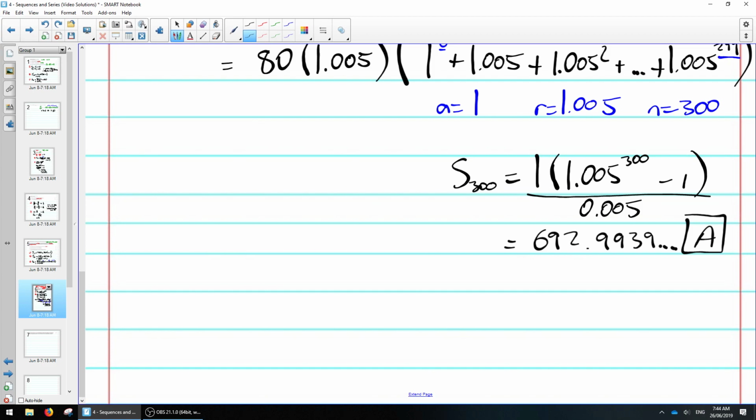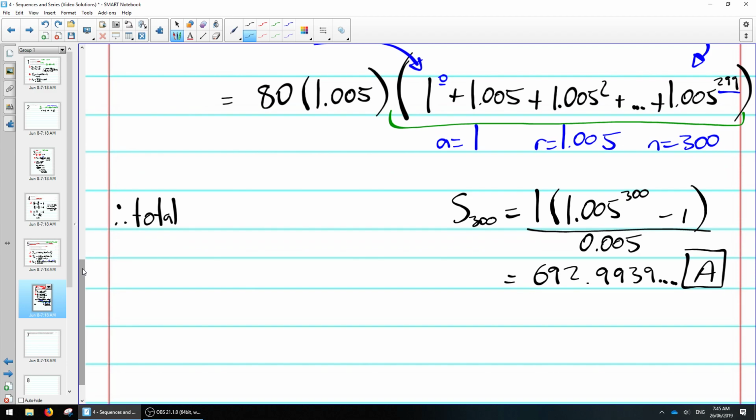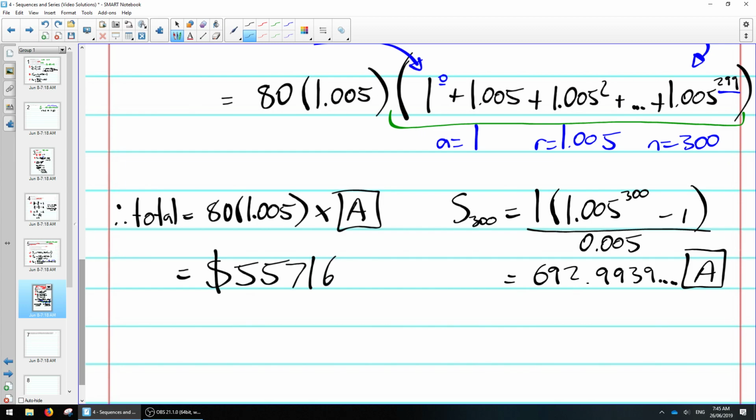And so therefore, that whole bracket there is just equal to A. So therefore our total, just scroll back up, our total we just said was 80 times 1.005 times whatever A was. And so when you put that into your calculator, you'll get 55716.71. And that's your answer.